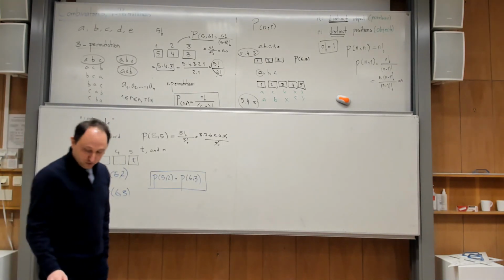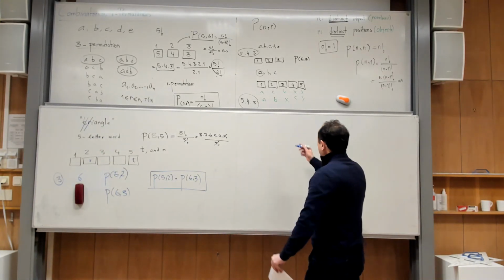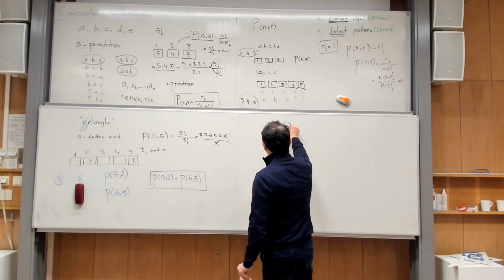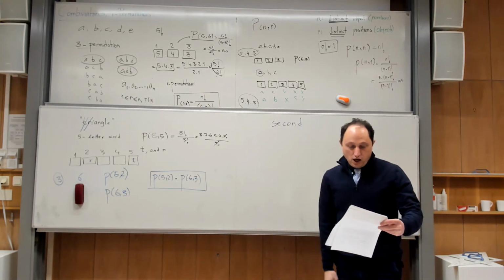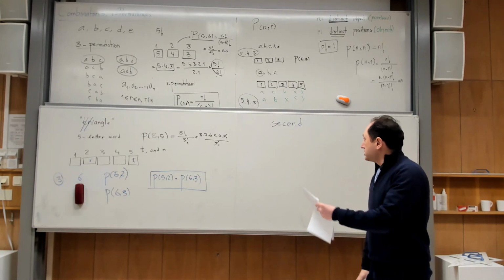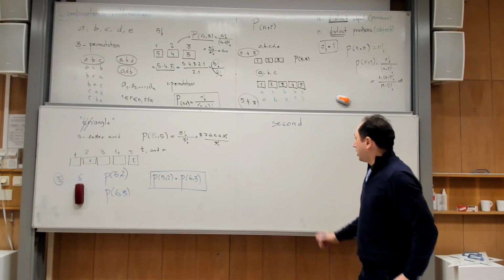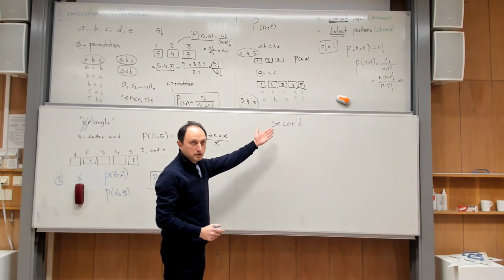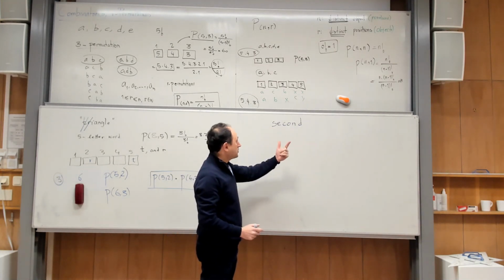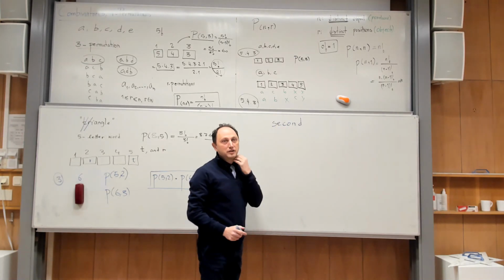Let me ask you another question and wait for you a little bit, okay? Consider the word second. In how many ways can we arrange the letters in this word so that the vowels occupy the even positions? I want the vowels to be in even positions.